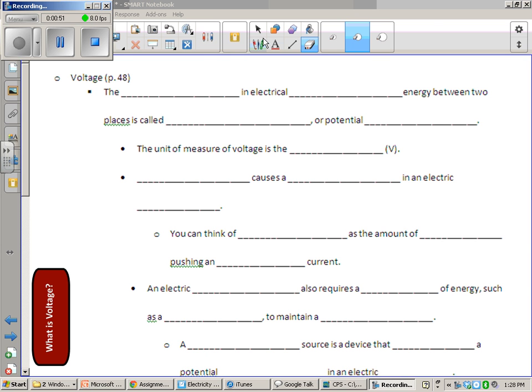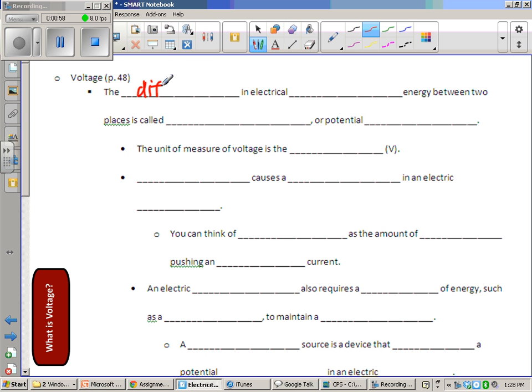So the difference in electrical potential energy between two places is called voltage, or potential difference.